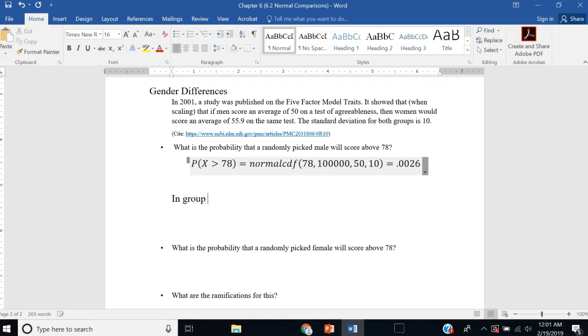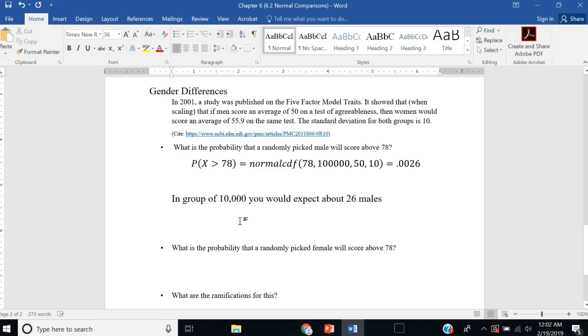In a group of 10,000, you would expect about 26 males to score that high, right? Again, multiply 0.0026 by 10,000, you would expect about 26 males to score that high, all right?